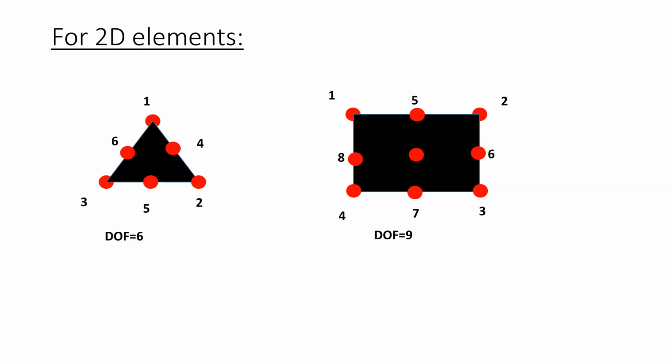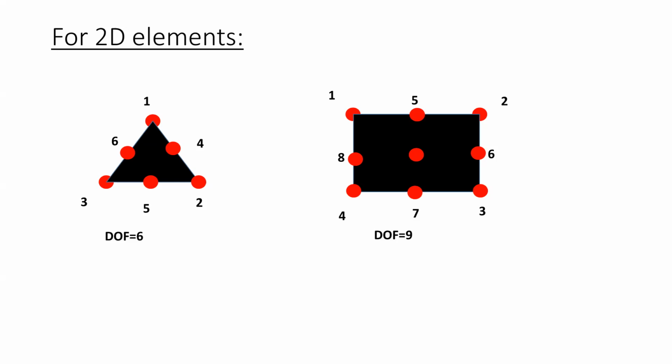In this case, there are 3 nodes located along the upper edge, that is 1, 5 and 2. There is an additional node at the center of the edge 1 and 2. Therefore, this particular edge can actually be a curve also. This is simply because of the presence of node number 5 between 1 and 2.